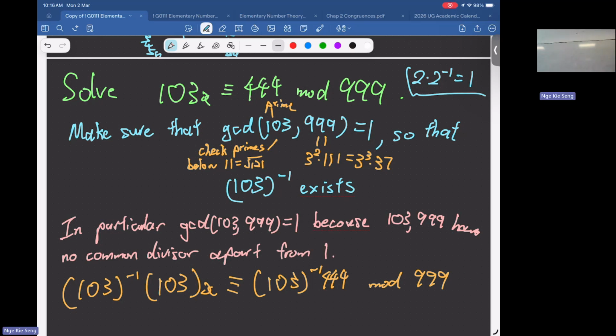Or you can use the formula of GCD, right? It's the product of p_i to the minimum of a_i, b_i, taking the product of all these. So you can see there's no common divisor, so the product reduces to 1.